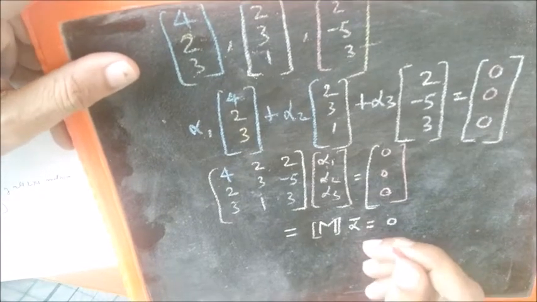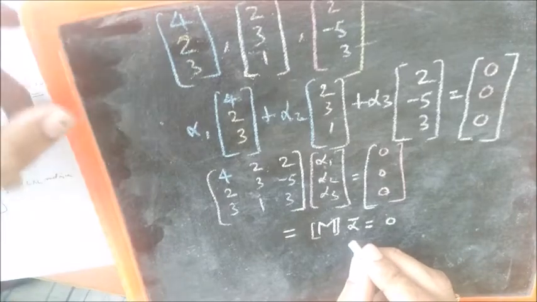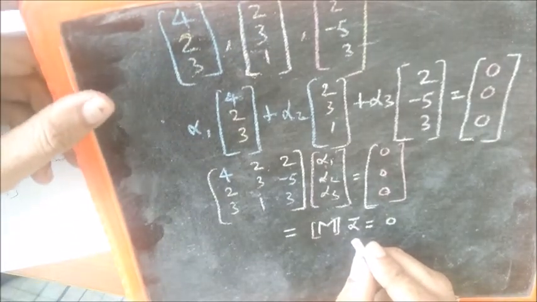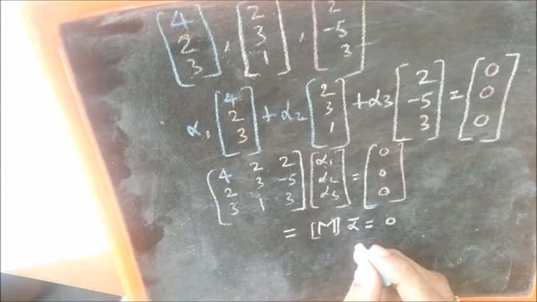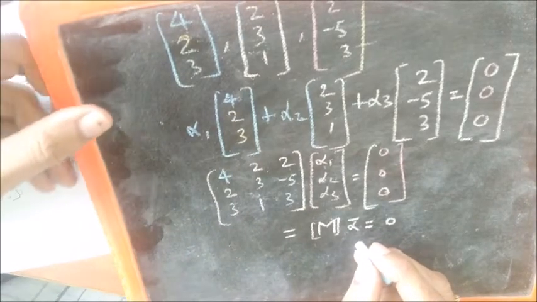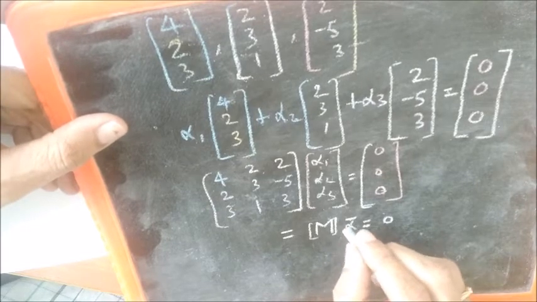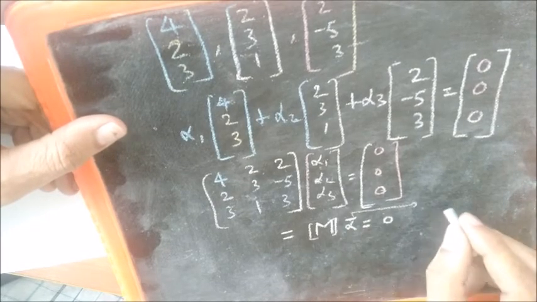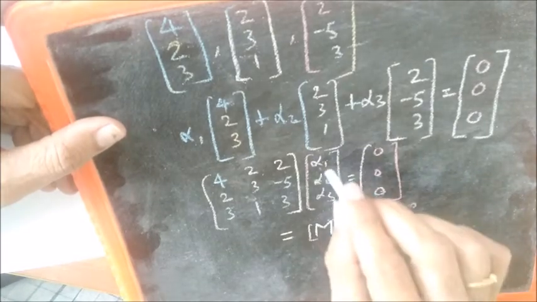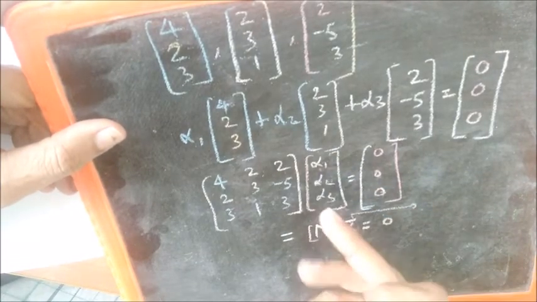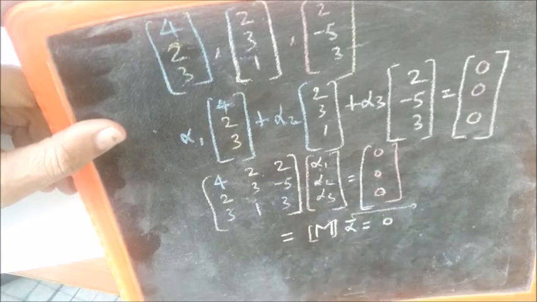And we know that it is possible to find a non-trivial solution here. Non-trivial solution in the sense a solution other than alpha being a 0 vector. That means a solution other than alpha 1, alpha 2 and alpha 3 being zeros. That is a trivial solution because it is as good as showing 0 is equal to 0.